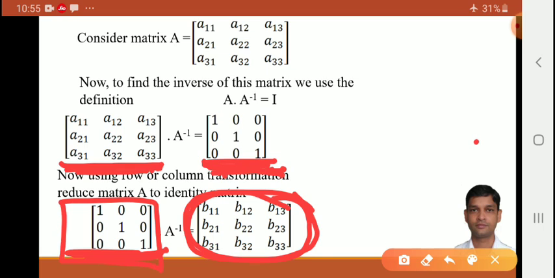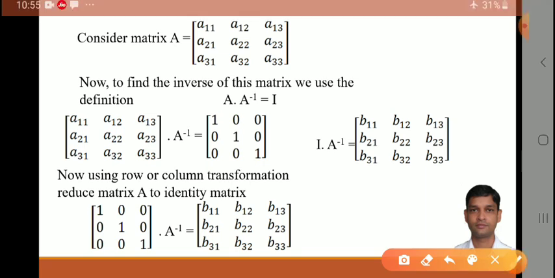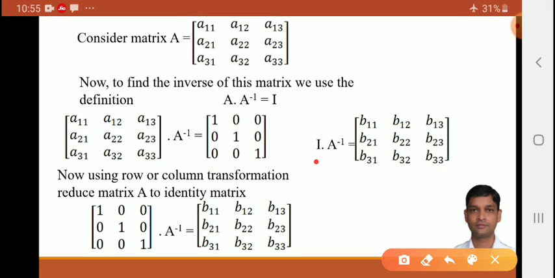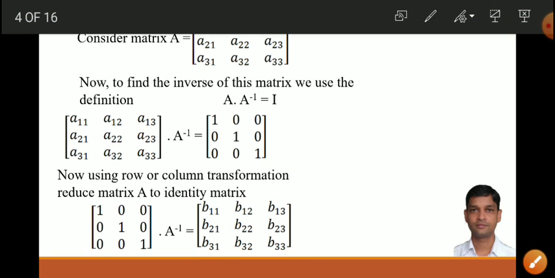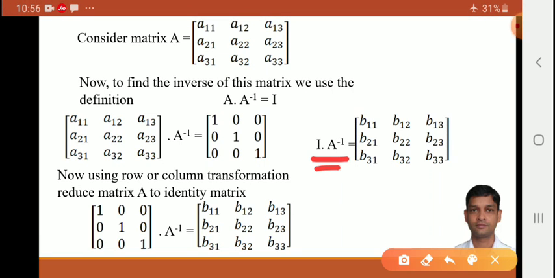Okay, so we can write the equation as: the first matrix is now the identity matrix, this is A inverse, and this matrix we have written as it is. Now I into any matrix is that matrix itself.